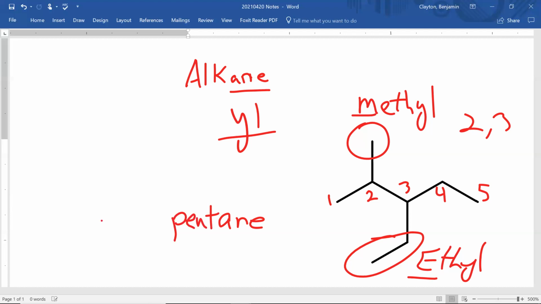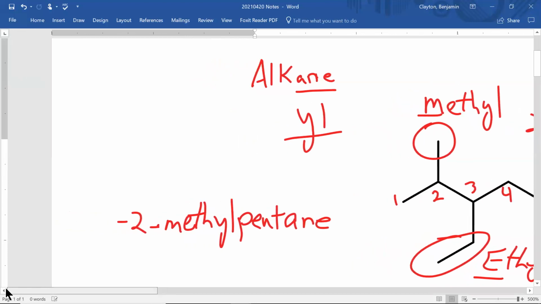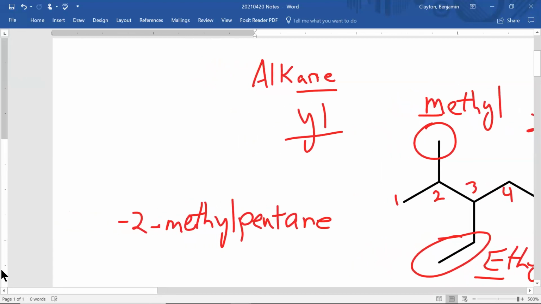So we want this to be one continuous word, and we'll put hyphens in between here. The methyl is in the 2 position right here, and then we're going to put in the 3 position the ethyl. I need to jam that in there. Ethyl. Okay, and there is the name.